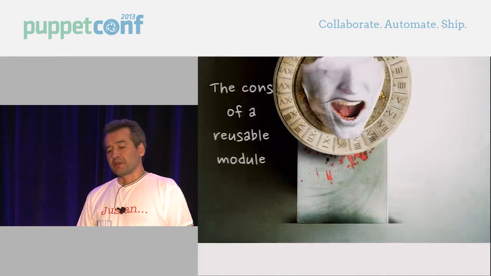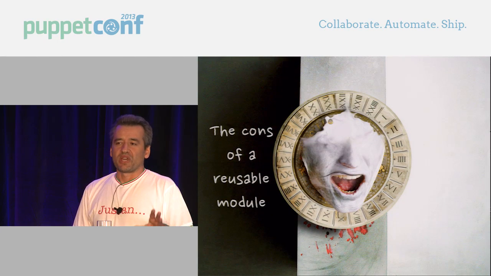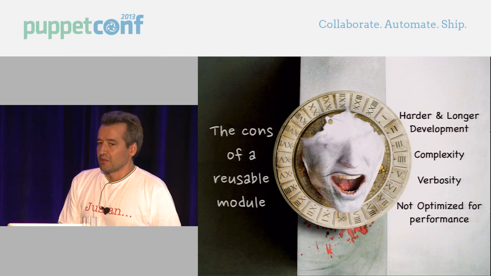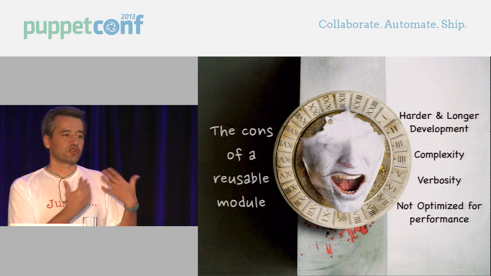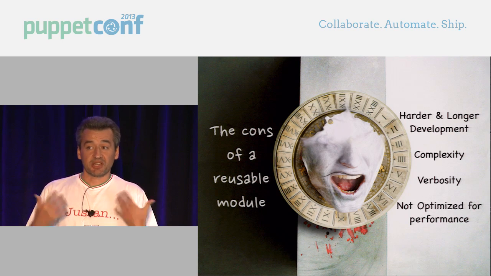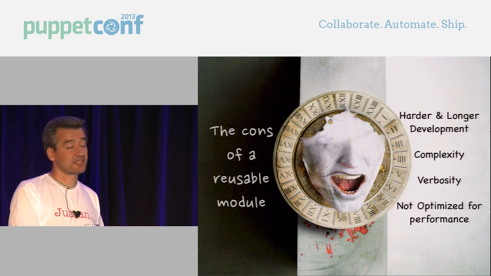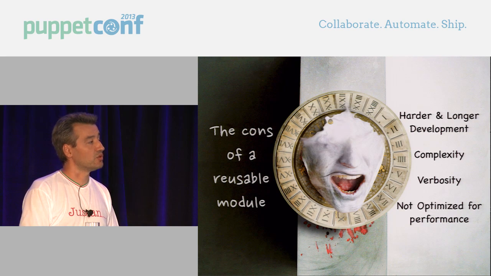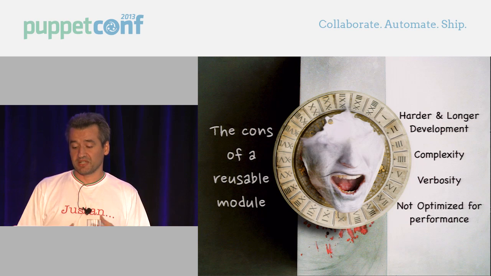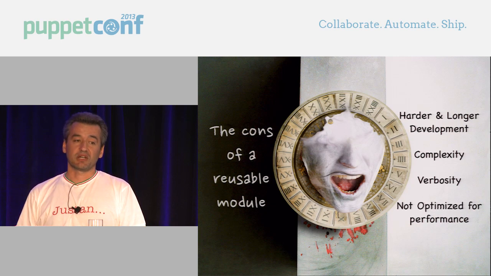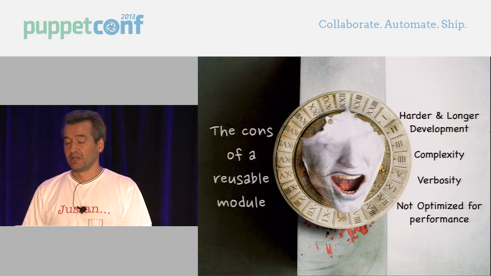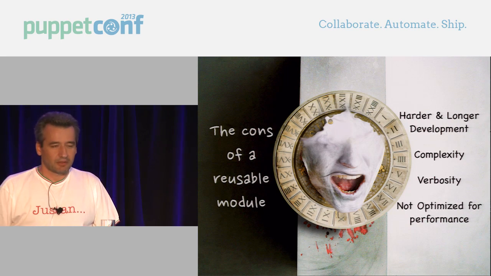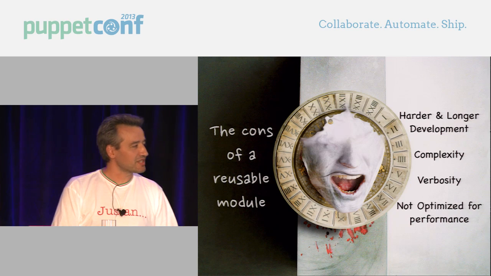Now, actually, a reusable module is not always the best solution for every case. Because when you introduce reusability, you introduce abstraction and more complexity. You have more things to cope with in the module. So you need more verbosity in the module, and the development is harder, longer, maybe more error-prone, and can provide more errors, and so on.